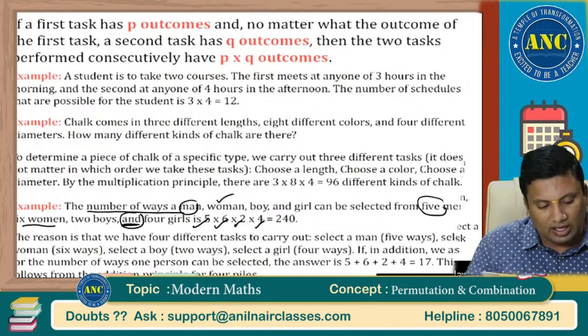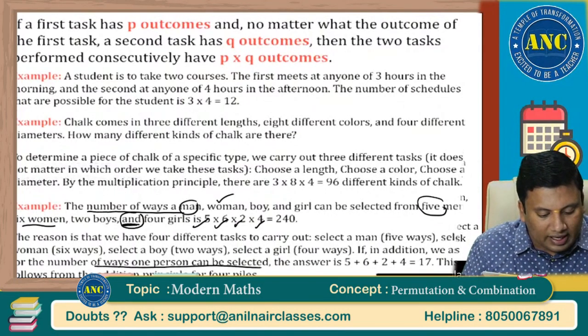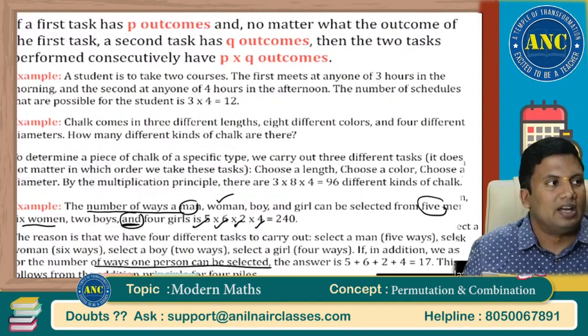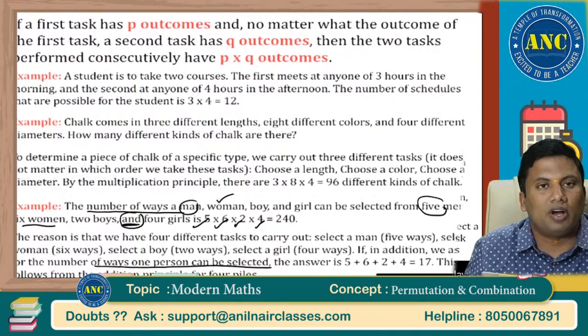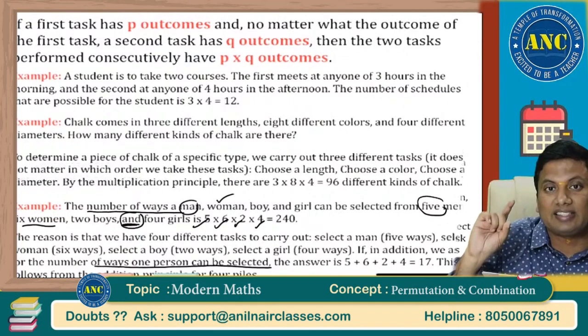Suppose the question is like this: in how many ways can one person be selected? There are men in my class, there are women, boys and girls in my class. In how many ways can I select a person?